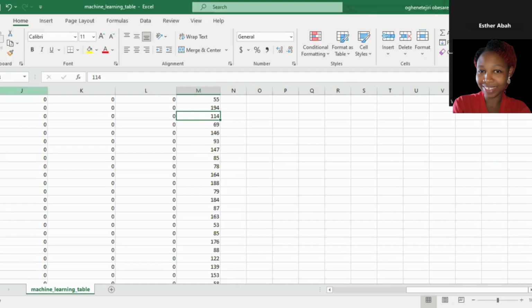Now, if we feed the model with this X, your Y predict answer can be 100 for linear regression. Then for SVR, support vector regression, the answer can be 110.